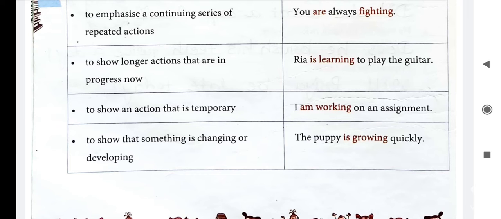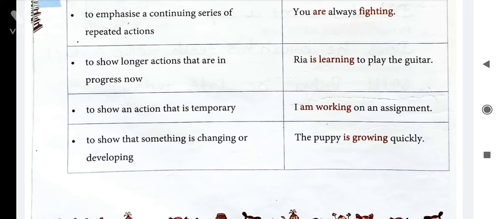Okay, so the next point is that the present continuous tense is used to show longer actions that are in progress now. For example, Ria is learning to play the guitar. To learn how to play a guitar is not a short action.